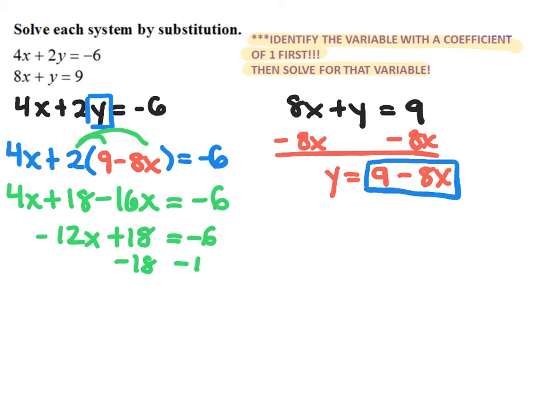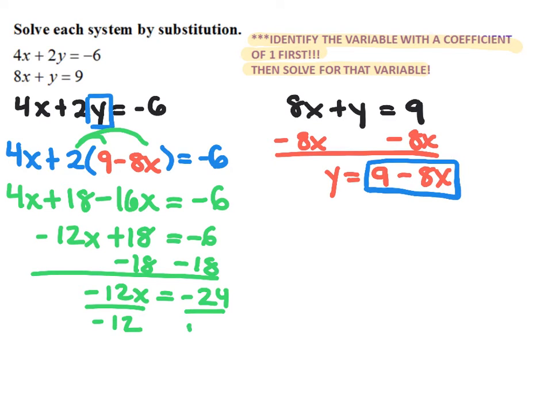Subtract 18 from both sides. So negative 12x equals negative 24, and divide both sides by negative 12 so that x equals 2. Now you can take this value of x and plug it into the equation, solve for y.